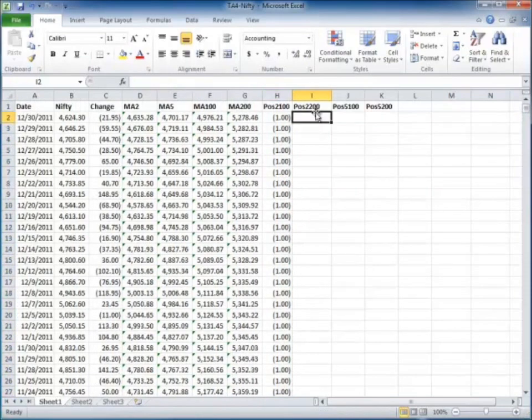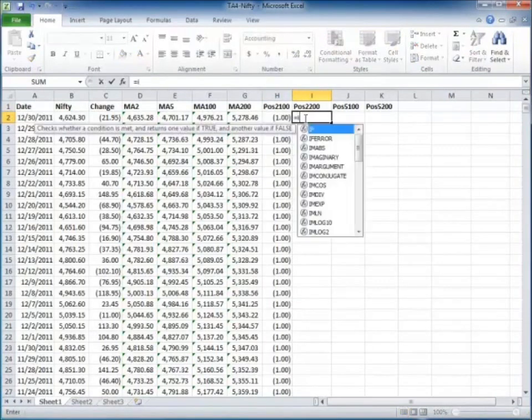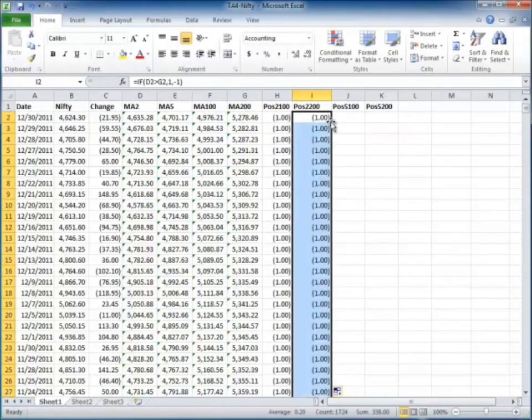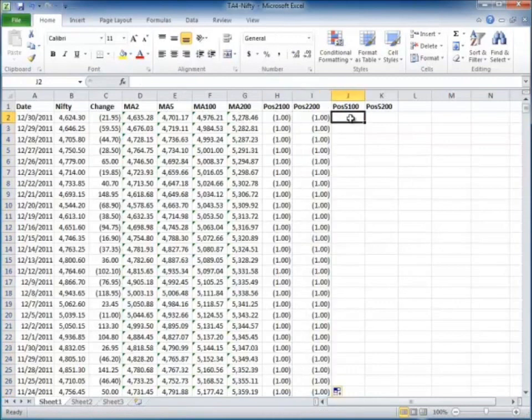Now the 2 and the 200, again, will be the same as this, except we'll be using the 2-day and the 200-day. So if MA2 is greater than 200, then give me a 1, otherwise give me a -1. Then we have the 5 and the 100.